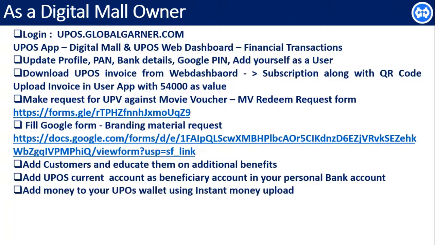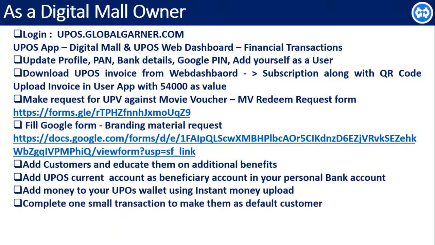Add money to your UPOS wallet by using instant money upload. Okay. Then what happens? One transaction, you need to do it to any customer you have added as a default customer. What strategy we are telling is 1,000 rupees GG voucher so that he can start doing a transaction, recharge, anything it could be, he can do it.